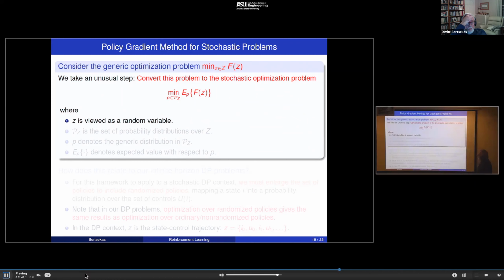You minimize over more alternatives. But we've used Z as a random variable, and we consider probability distributions over Z, and we now minimize this expected value.